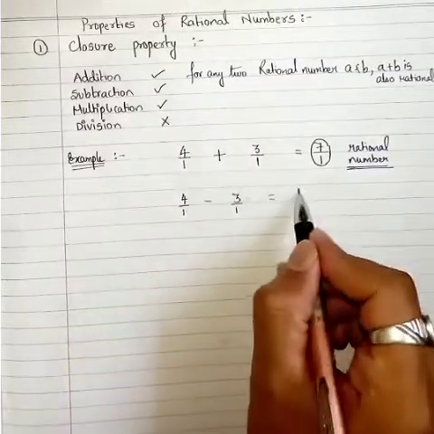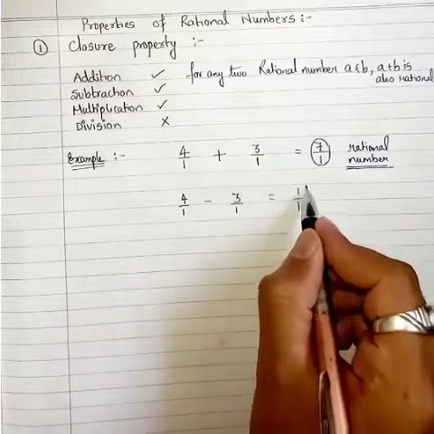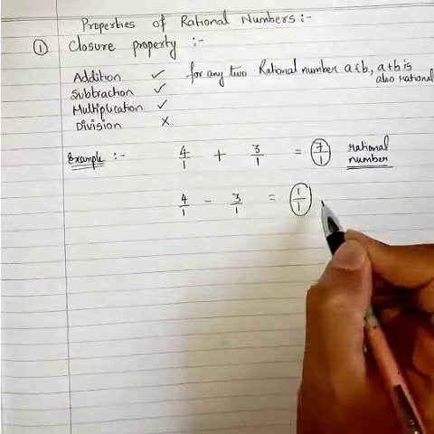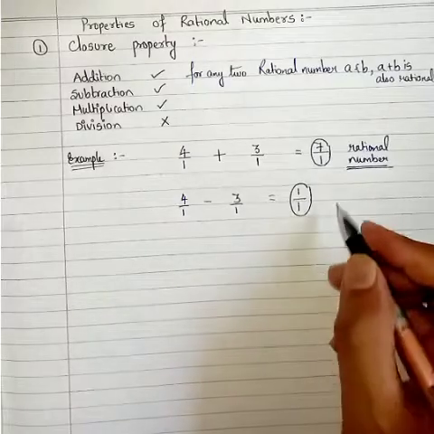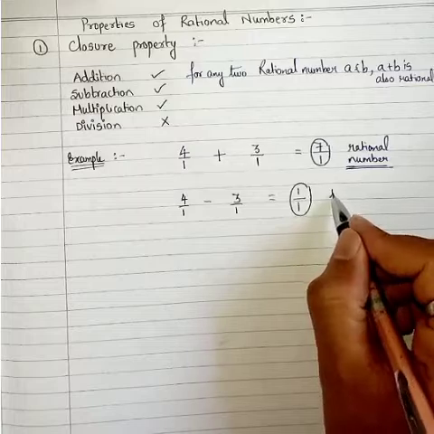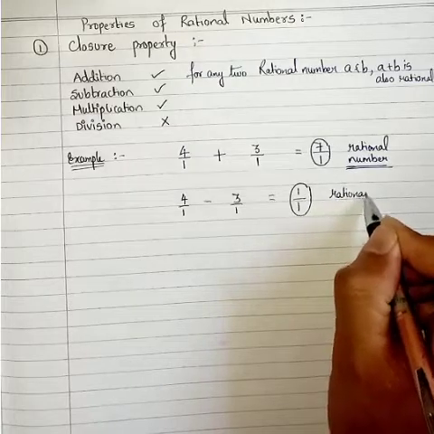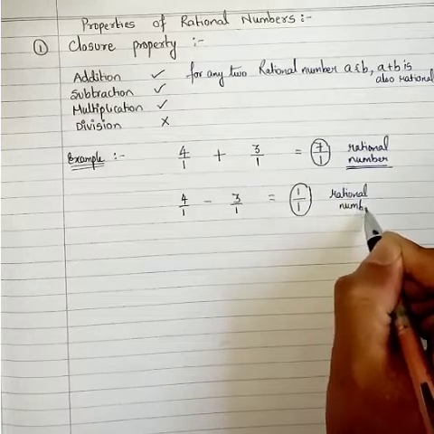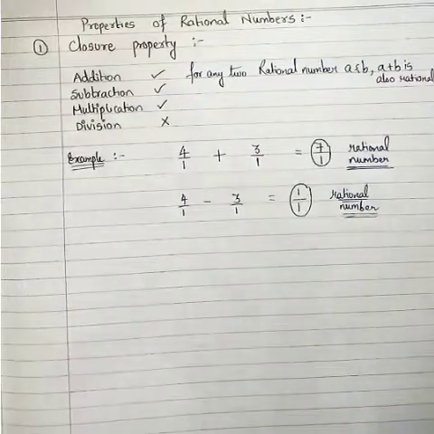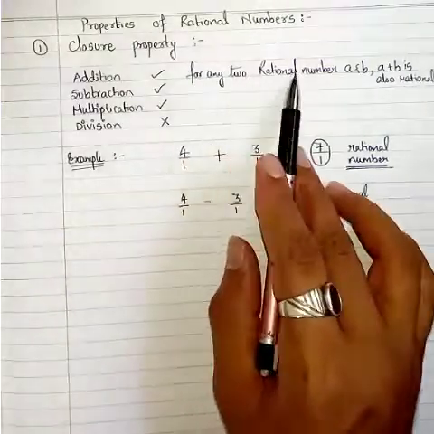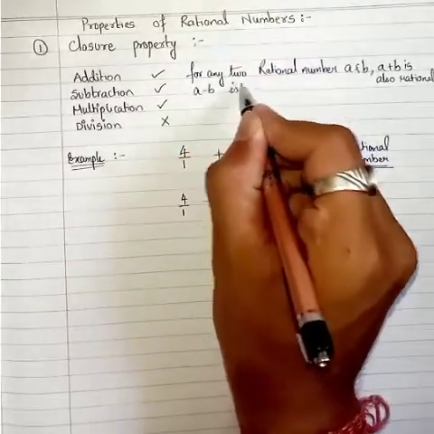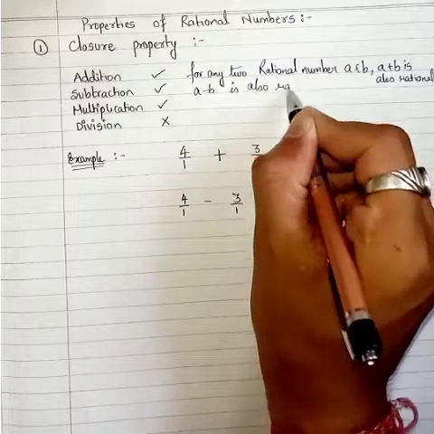So 4 minus 3 is 1 upon 1. So here you will get 1 upon 1, that is the p value is an integer, the q value is also an integer, and q is not equal to 0, therefore it is also a rational number, right? And there is no exception case. So I can say for any two rational numbers a and b, a minus b is also rational.